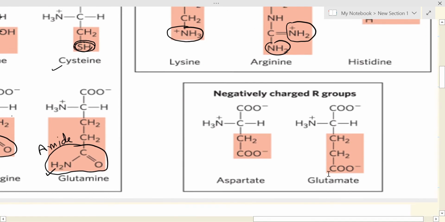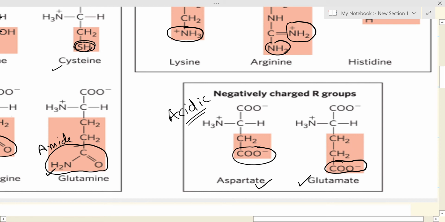Now last but not the least, negatively charged or acidic amino acids. Why acidic? Because we have a second carboxylic group attached here. So these are acidic in nature, aspartate and glutamate. Now if we hydrolyze glutamine, we get glutamate, and if we hydrolyze asparagine, we get aspartate.